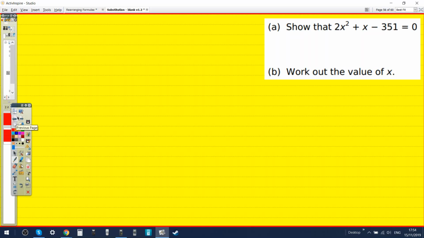Okay, so I would start as plus 351 on both sides. Then maybe do, so x open brackets 2x plus 1 close brackets equals 351.